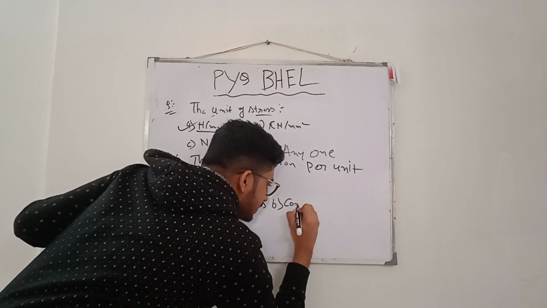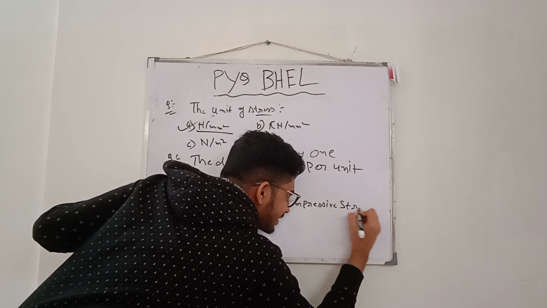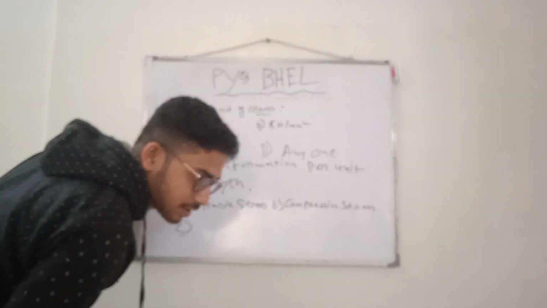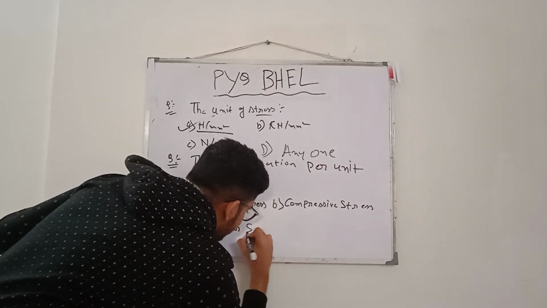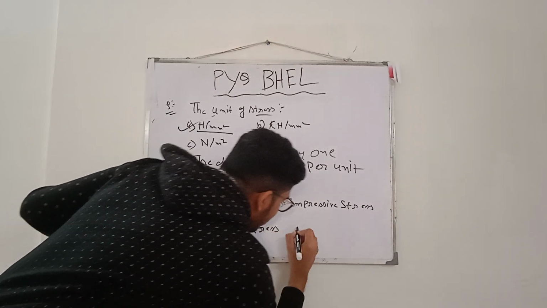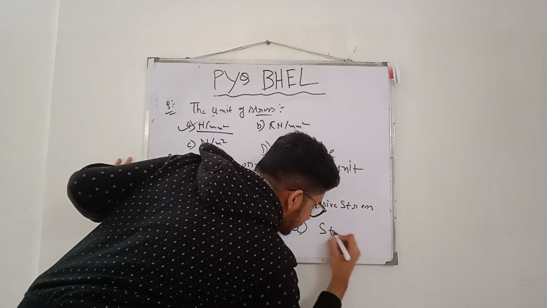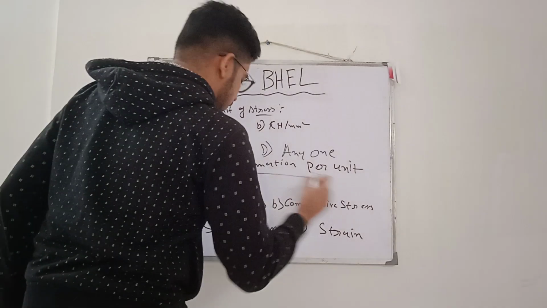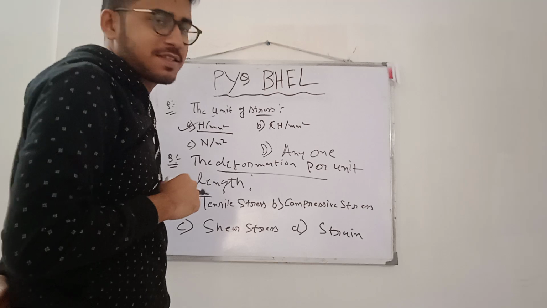B, compressive stress. C is shear stress, and D is strain. So what will be the answer? Tell me. This is a very easy question. What will be the answer?